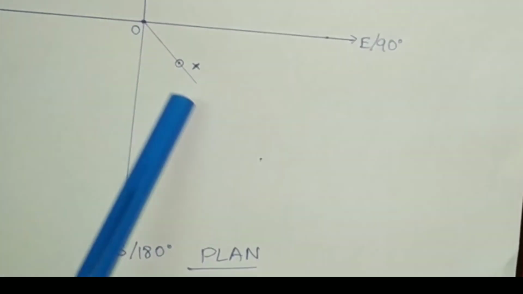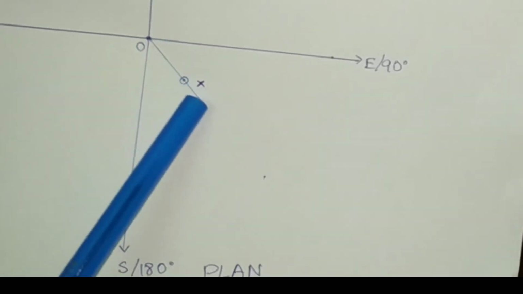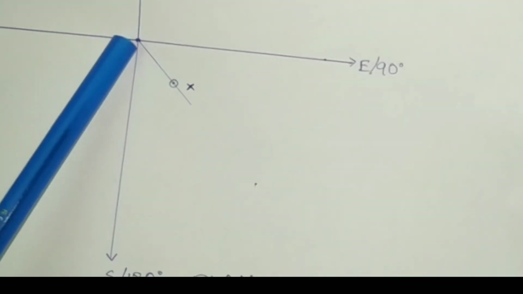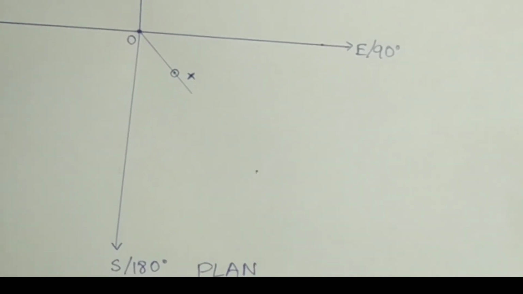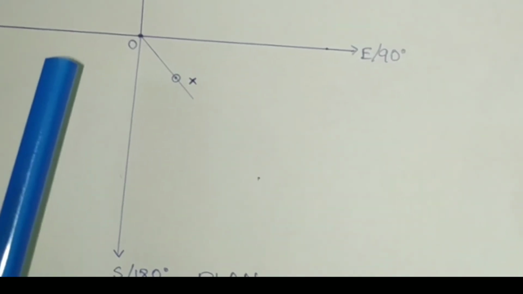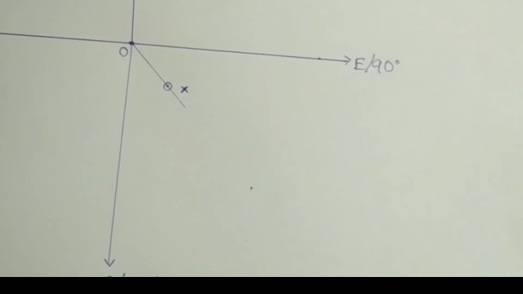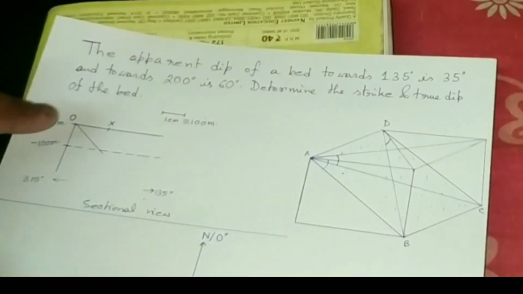This is the 135 and 315 trending horizontal line on the plane, and this OX is the strike spacing of 0 meter and minus 100 meter strike line along this 135 direction determined from apparent dip. So one strike spacing we have got already.